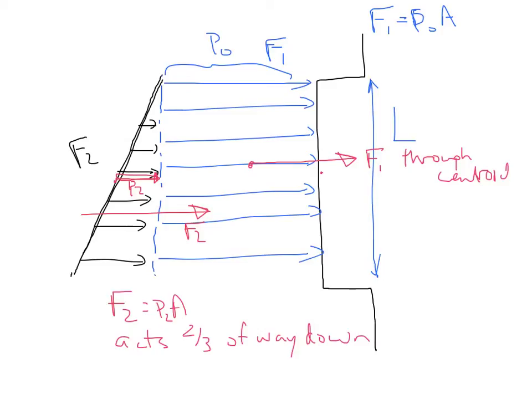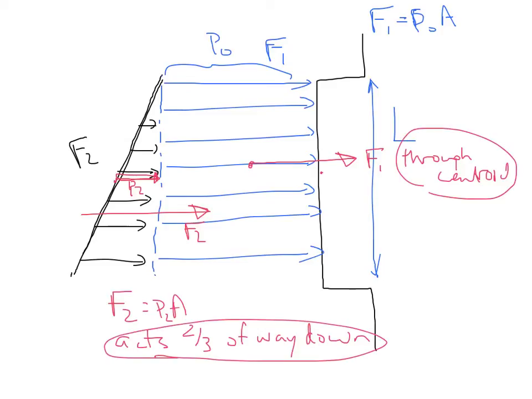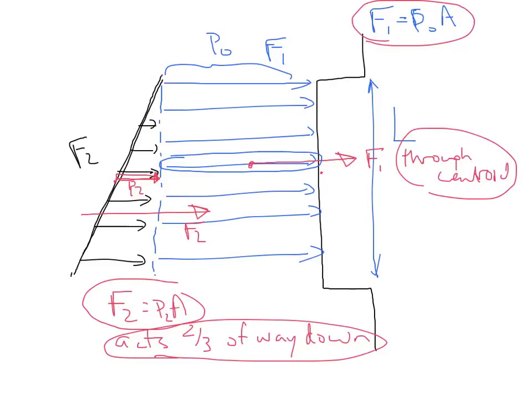we could think of it as two forces, one acting through the centroid, one acting 2/3 of the way down, each given by pressure times area, where pressure now consists of, in the case of F1, the uniform part of the pressure, and in the case of F2, the average of the pressure in the triangular portion of the pressure prism.